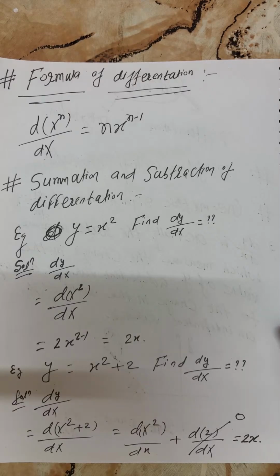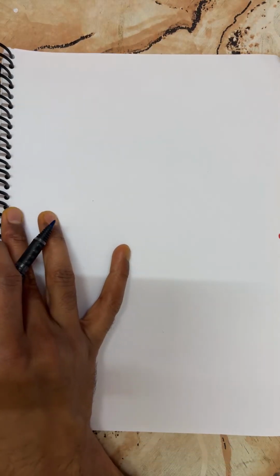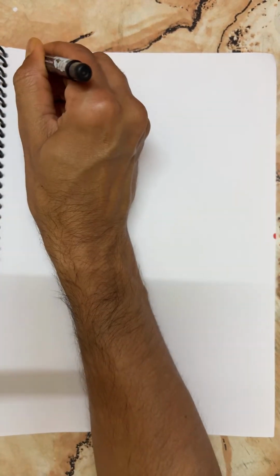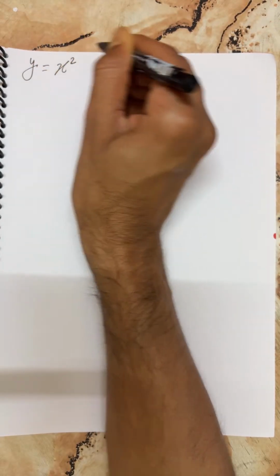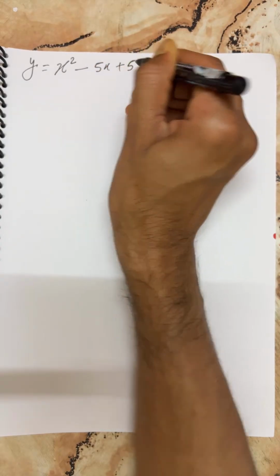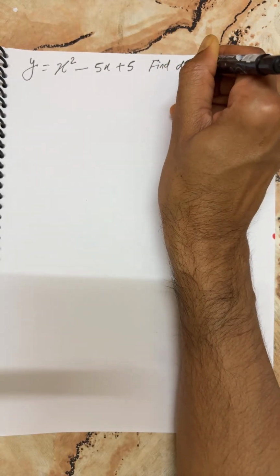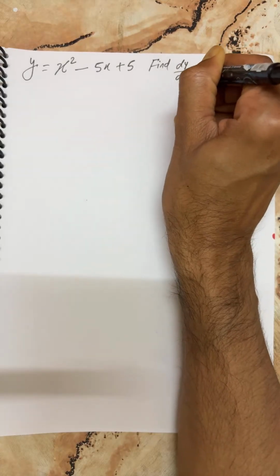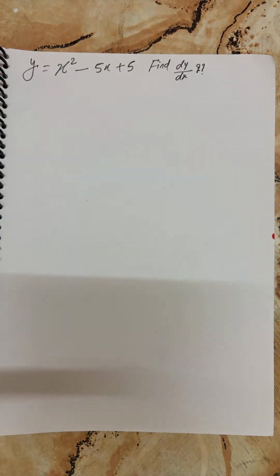Okay, next. Do it quickly, everyone. Students, x square minus 5x plus 5. Find d by dx. Do it, student. Find d by dx.